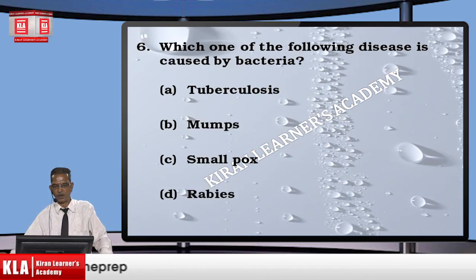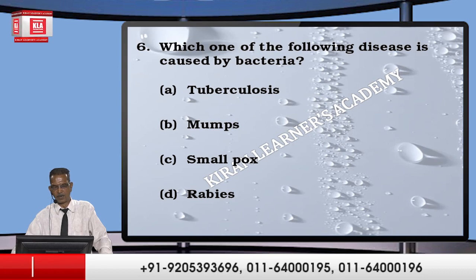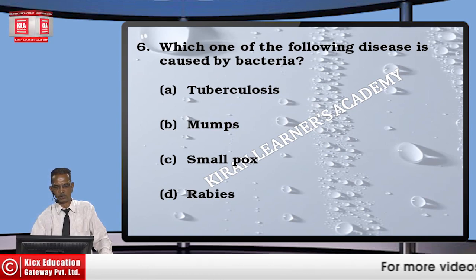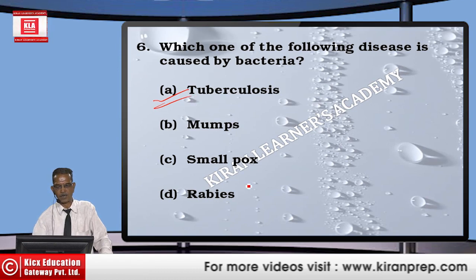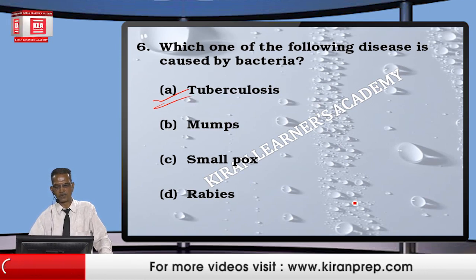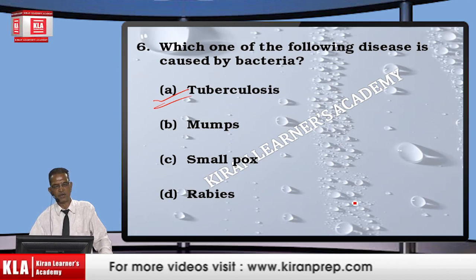Next, which one of the following diseases is caused by bacteria? If we look at the diseases, as we have just learned, tuberculosis is caused by the bacteria called Mycobacterium tuberculosis. So tuberculosis is the one which is caused by bacteria, because mumps is caused by a virus, smallpox is also caused by a virus, and rabies is also caused by a virus.